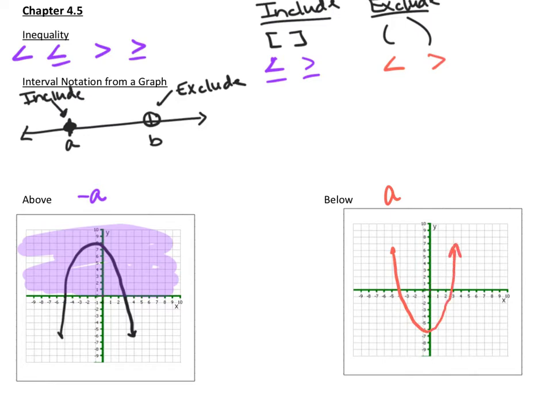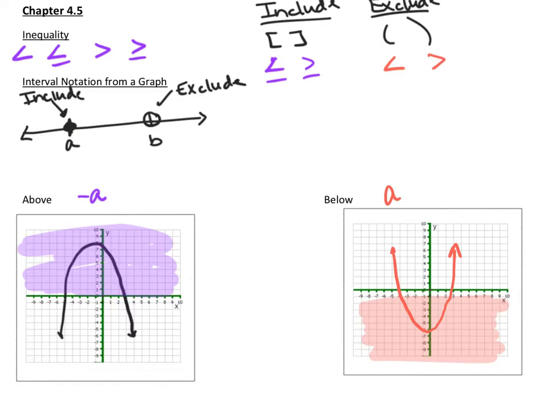I'm only focusing on the below part of the graph, which would be everything down here. Then I'm going to determine whether I'm including or excluding values, so either I'll see these symbols for including or these symbols for excluding. I'm going to go on my number line, which is going to be your x-axis for both of these, and determine what the solutions are, where it's crossing the x-axis.